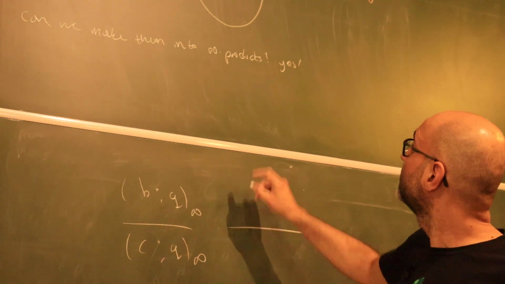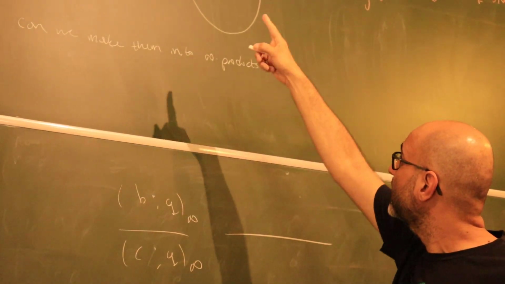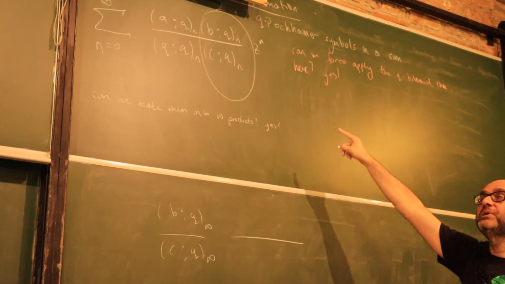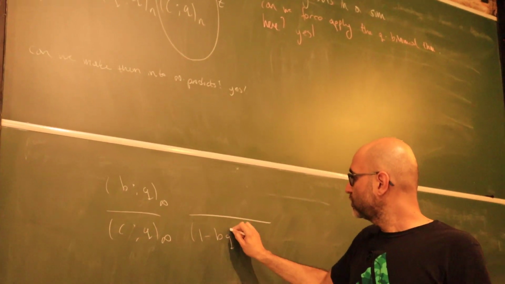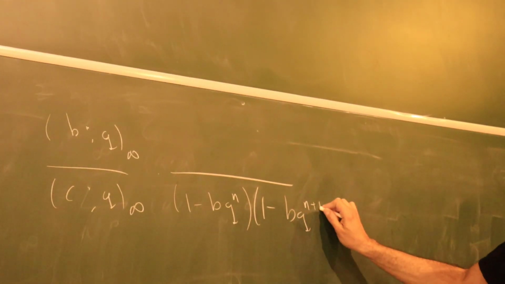So, until when does this go? 1 minus bq, 1 minus bq squared, up to 1 minus bq to the n minus 1. What's missing? 1 minus bq to the n, 1 minus bq to the n plus 1, and so on.